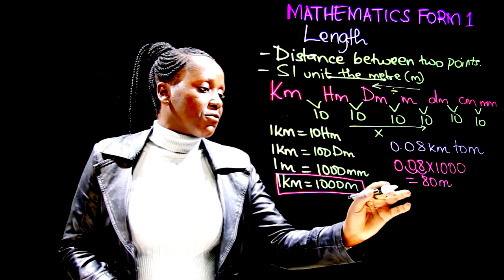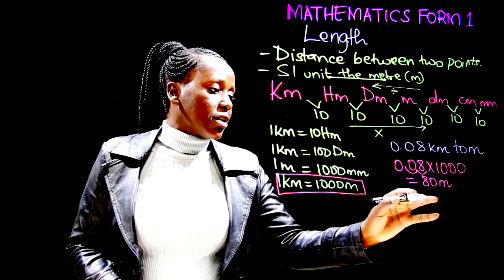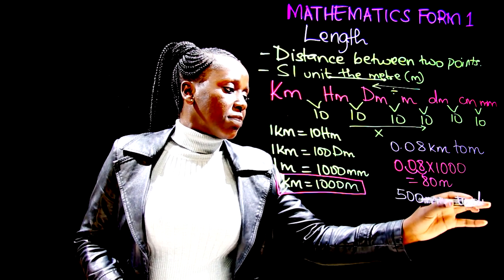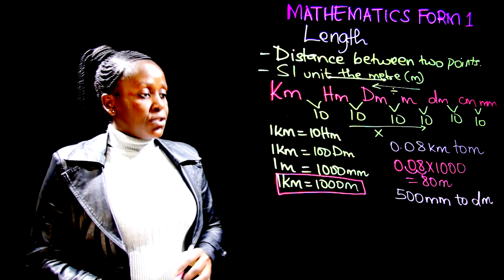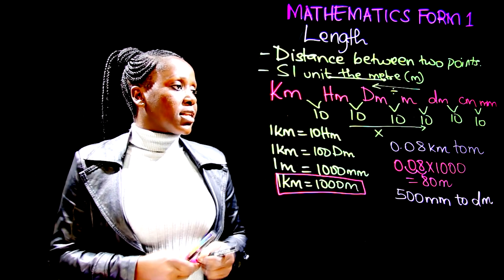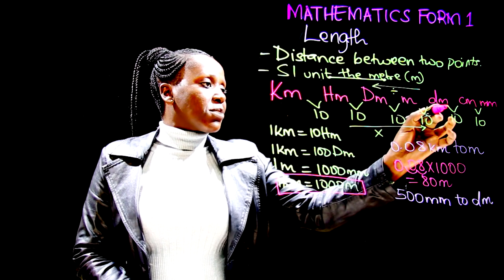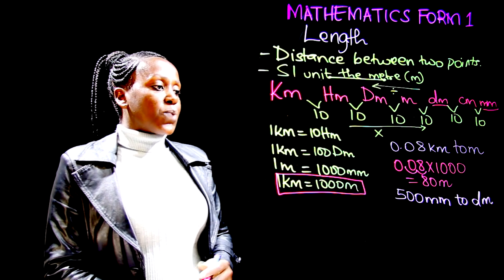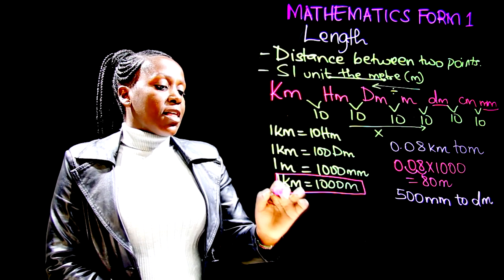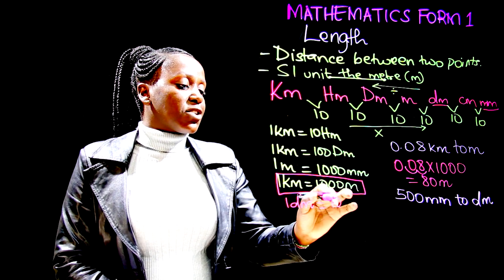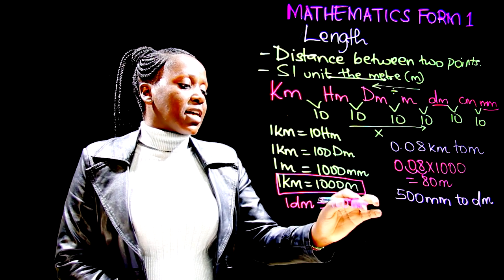We are going to convert 500 millimeters to decimeters. So in this case, we are going to look at decimeters and millimeters. From decimeters to millimeters, we have 10 times 10, which is 100, meaning that 1 decimeter, which is a bigger unit, is equivalent to 100 millimeters.